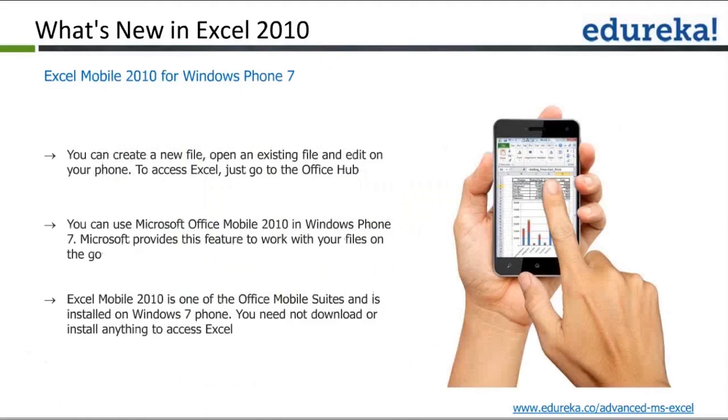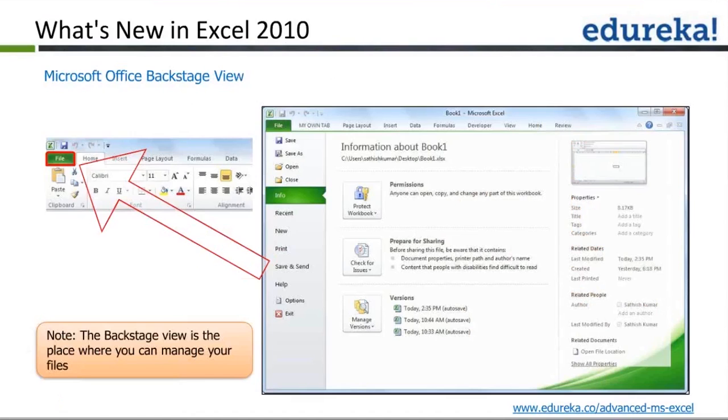So apart from the tabs, let me also make you aware that you have other options as well for a workbook. You can save a workbook. You can manage the files. You can save a workbook as a macro workbook also. You can save it as a PDF also.